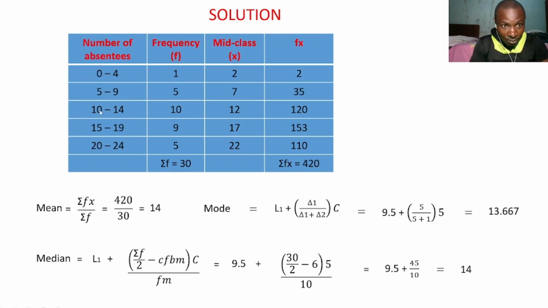And if you look at the table we also have here, you will notice that 14 in a way happens to be at the middle of the class interval of number of absentees. Now this is exactly how we determine the mean, the median, and mode of a grouped frequency distribution. I hope you have been able to enjoy it, and if there are some things you did not understand, I would suggest you go over the video again so that you have a better understanding of the video and the concept.